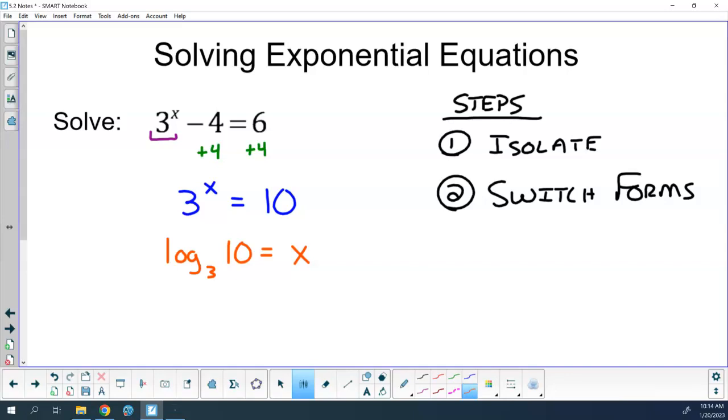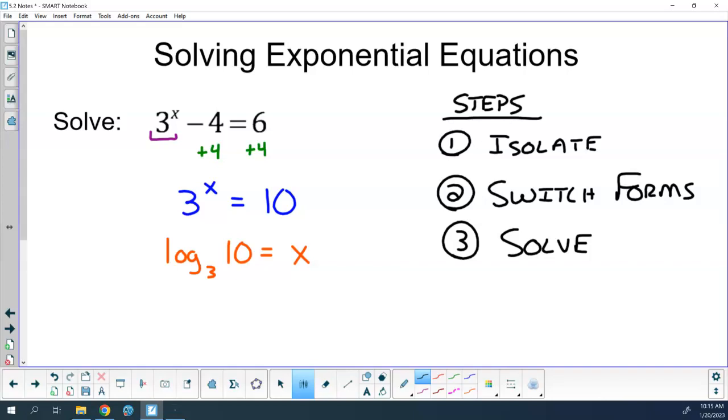Okay. Now, we can solve it. Is there an exponent that can go onto 3 to get me 10? No, right? Okay? So it's not an easy one, so it's a calculator one.